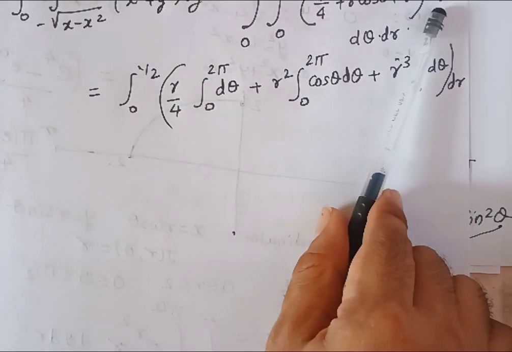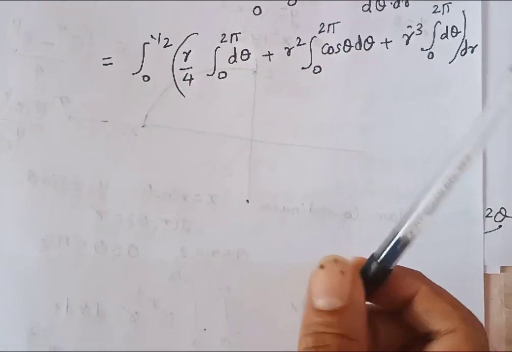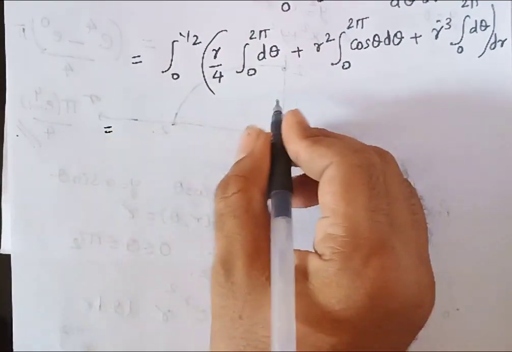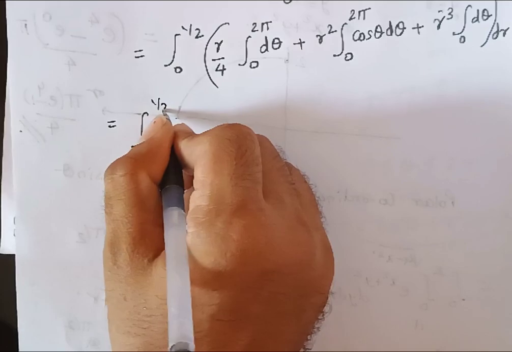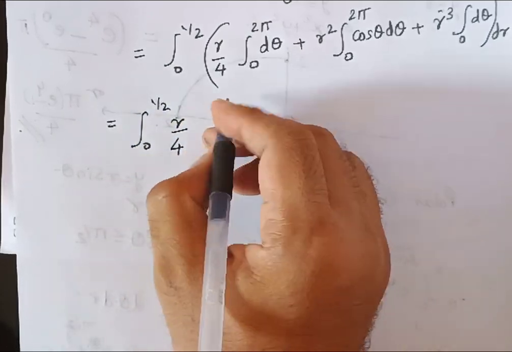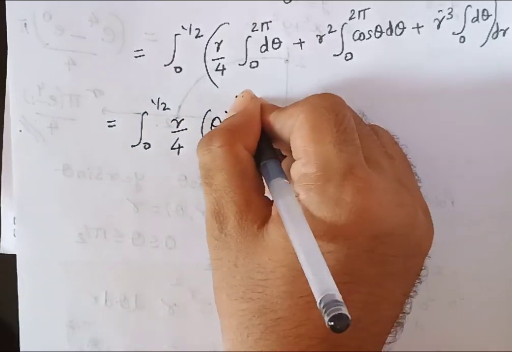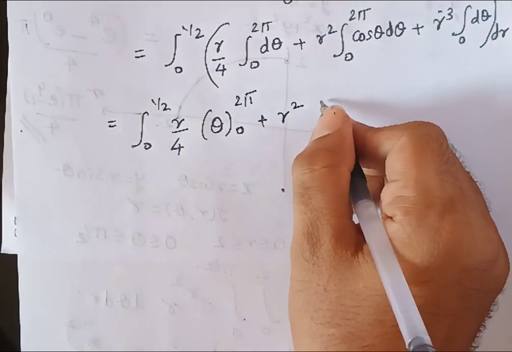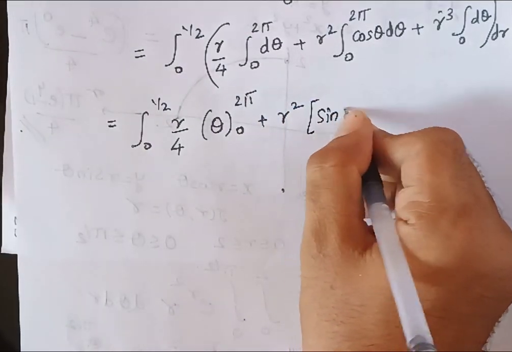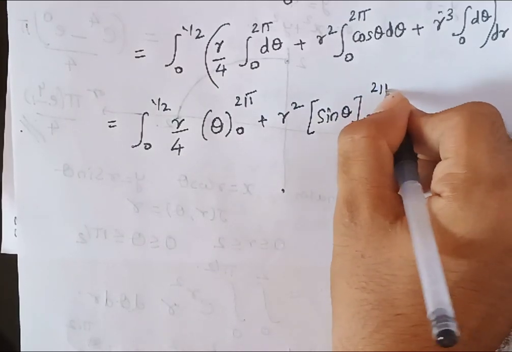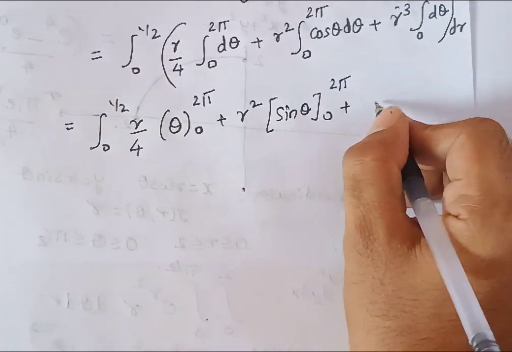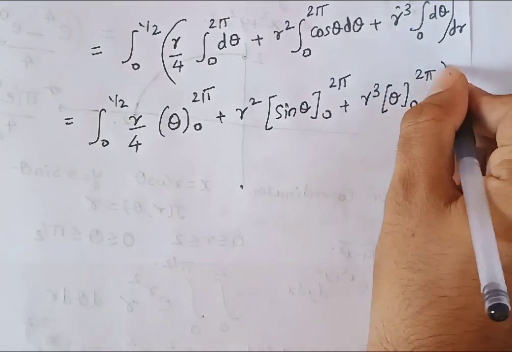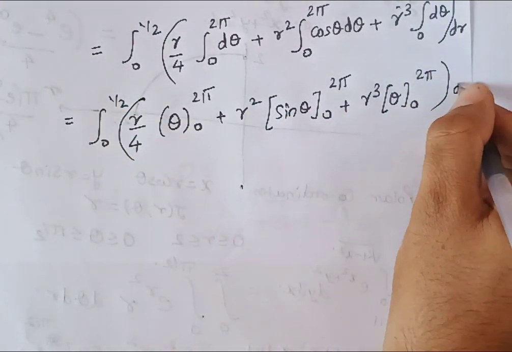Now evaluating, it will be the integration 0 to half of r by 4 times theta from 0 to 2 pi, plus r square times sin theta from 0 to 2 pi, plus r cube times theta from 0 to 2 pi, all with respect to r.